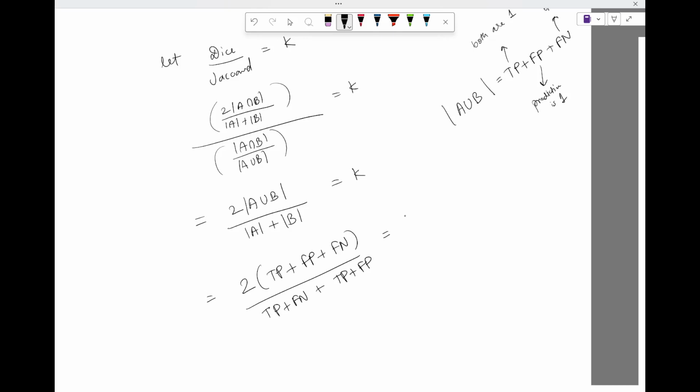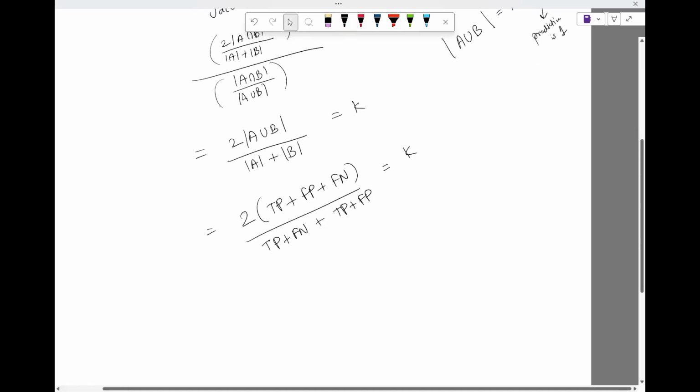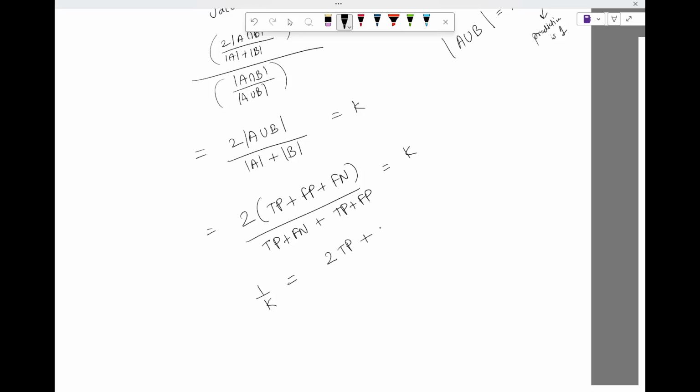This is equal to K. Then we can write 1 by K is equal to 2 times this plus, so what does this mean?